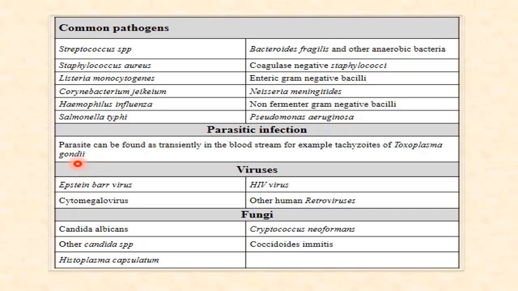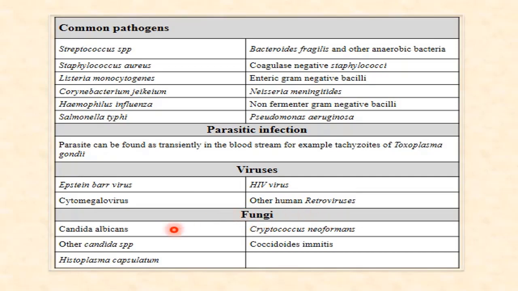Thus, the blood specimen is not the specimen of choice for molecular diagnosis, to extract and amplify the target gene from the parasite genome, because the parasite is found in the blood transiently. Viruses include human immunodeficiency virus, cytomegalovirus, and other human retroviruses.